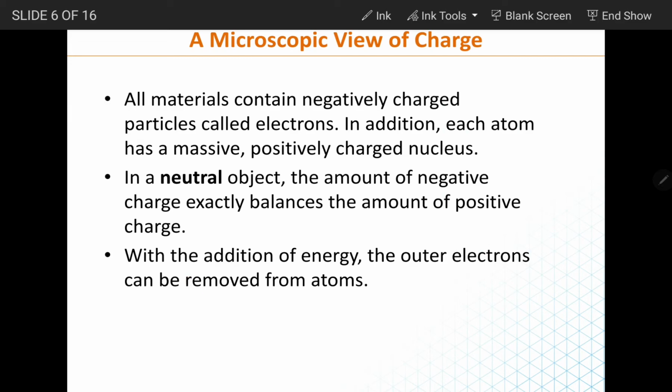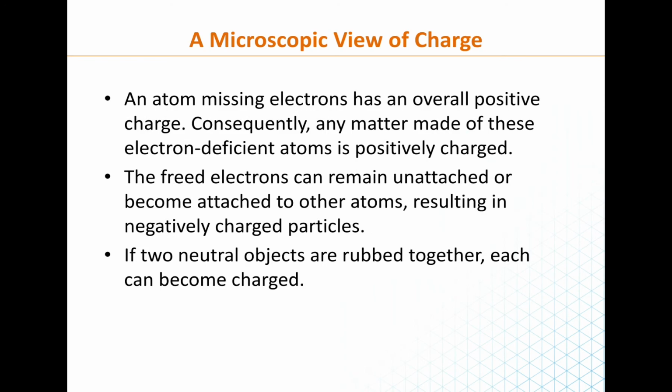Now, with the addition of energy, the outer electrons can be removed from atoms. How can that happen? Now we will learn. An atom missing electrons has an overall positive charge.